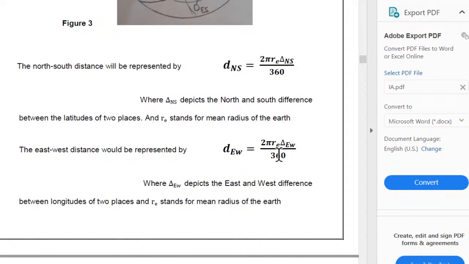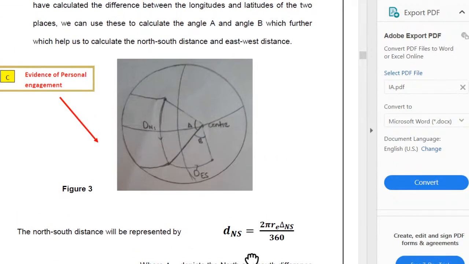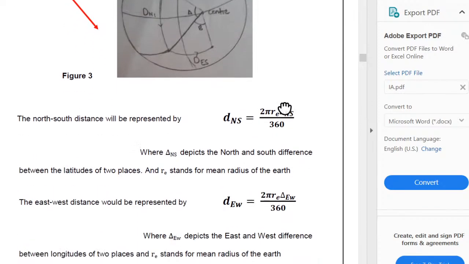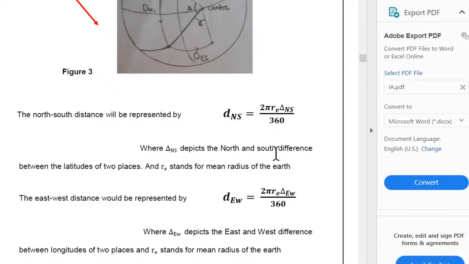Okay. We're seeing some inconsistencies between capital D sub NS and lowercase d sub NS. This can still be considered correct mathematics, because it is a minor error to go from capital to lowercase.